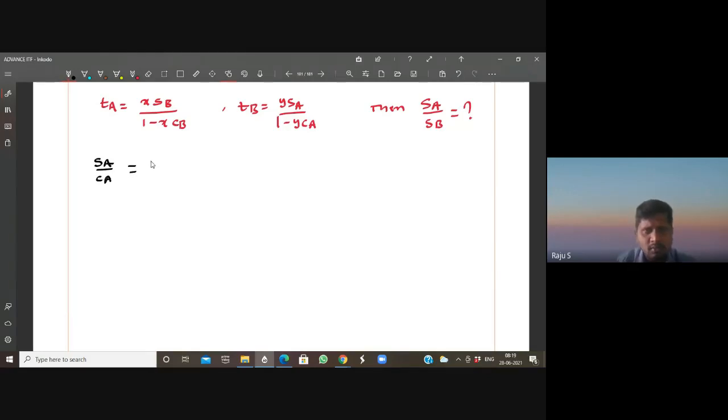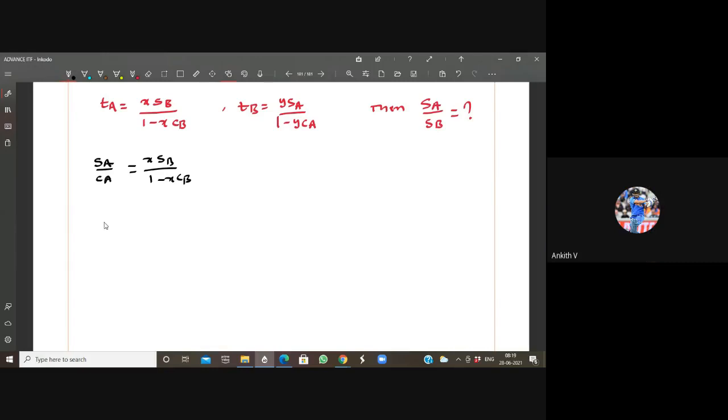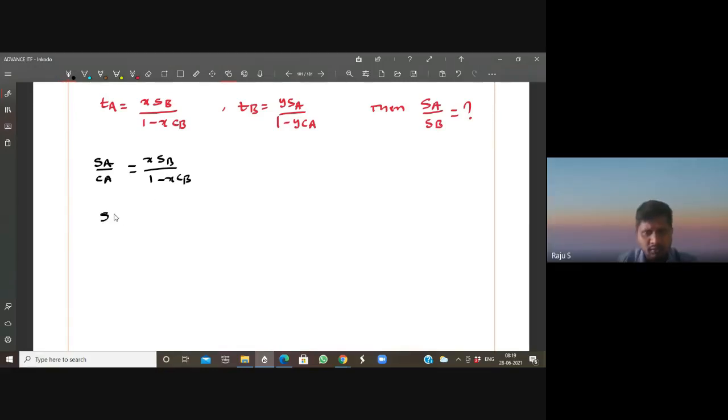Then this is equal to x sin B by 1 minus x cos B. So from this, what is the sin A value? It is x sin B into cos A by 1 minus x cos B. Like that, find the sin A value first.